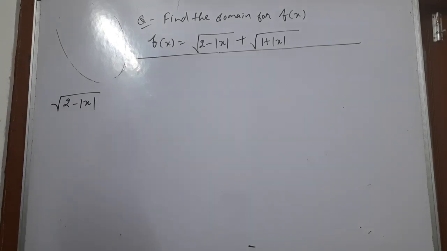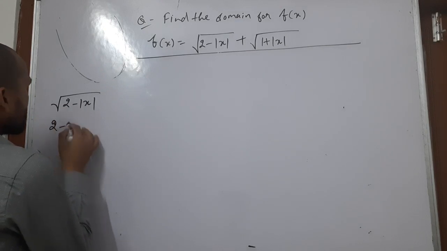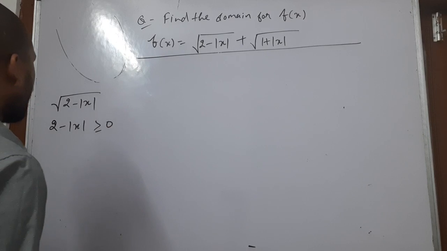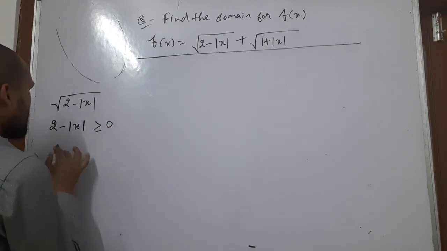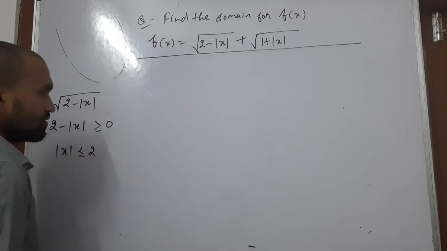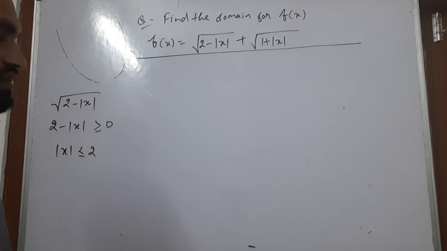The value inside the square root is defined when 2 minus mod x is greater or equal to 0. On simplifying, we get that mod x is less or equal to 2.